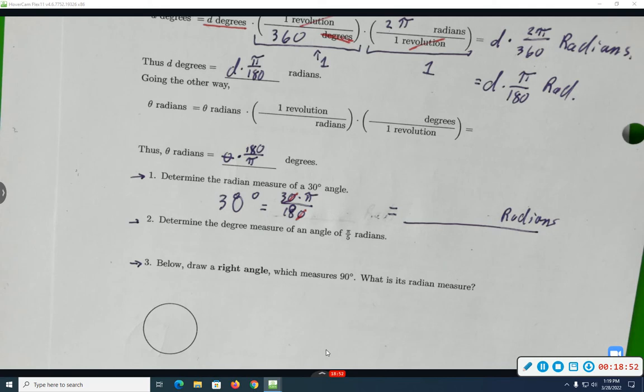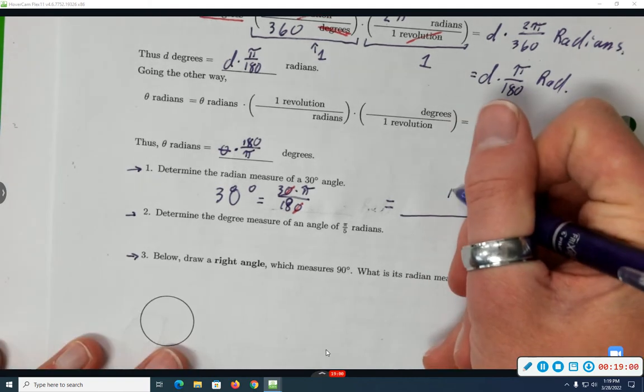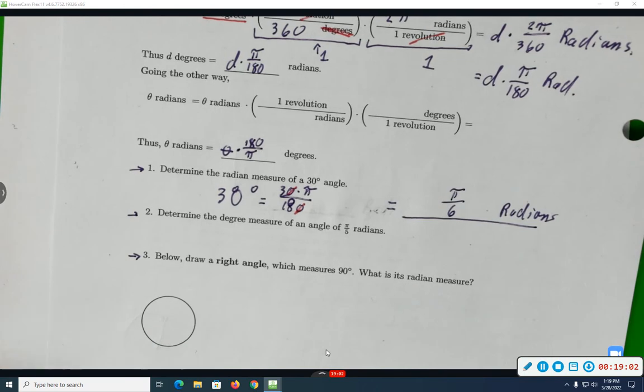Yeah, 18 is 3 times 6. So you could simplify this further as pi over 6 radians. That agree with what people get? Nice. So 30 degrees is pi over 6 radians.